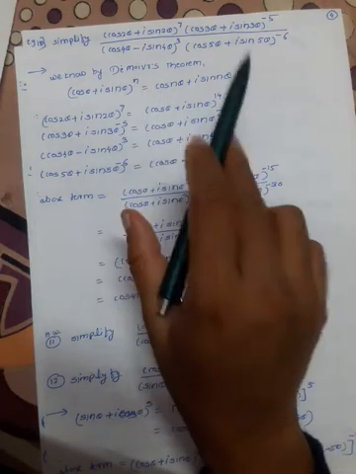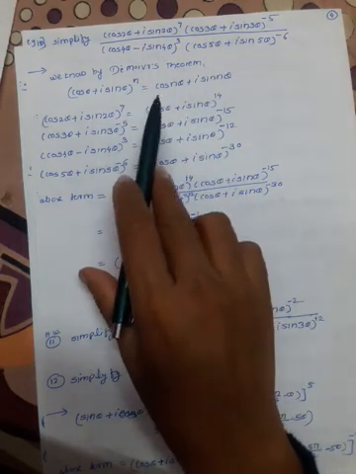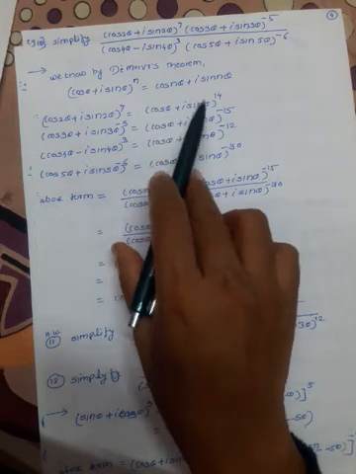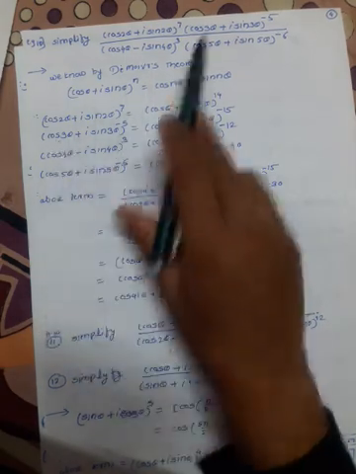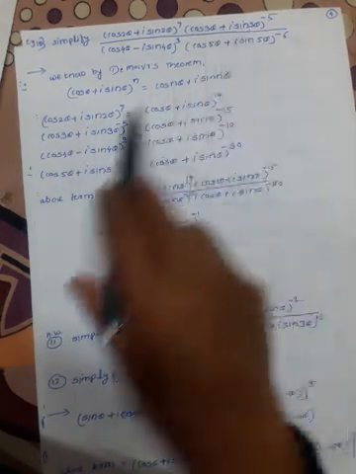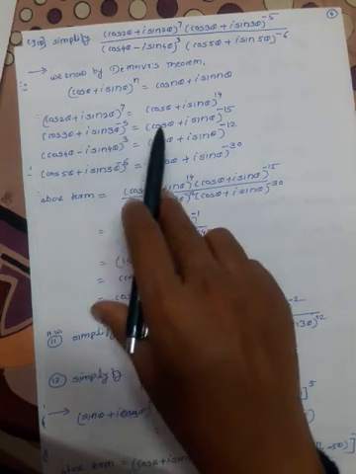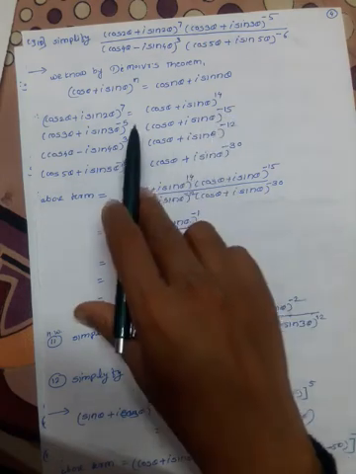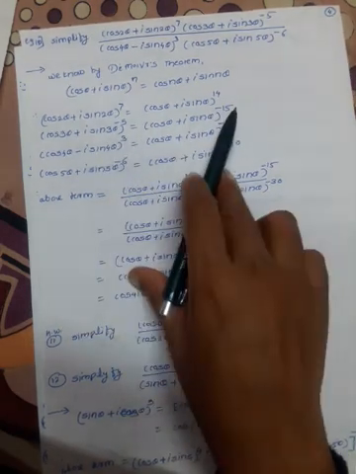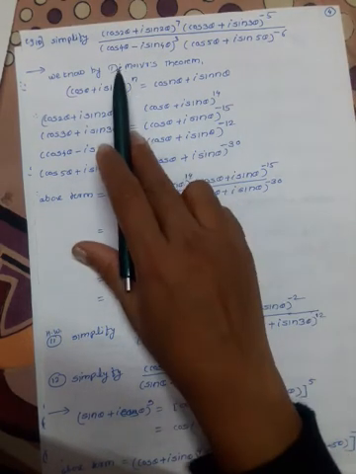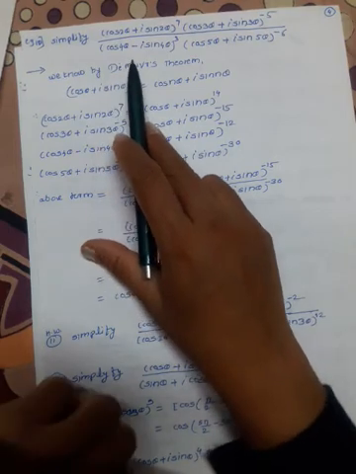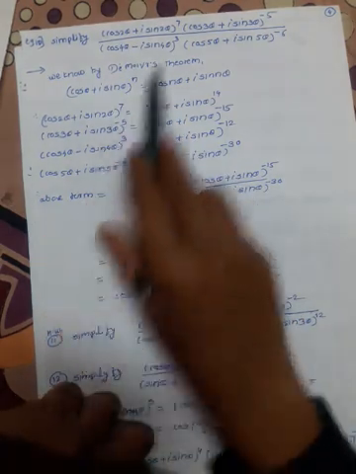Similarly, we have to make all the rest of the brackets cos theta plus i sin theta. Now the second bracket is (cos 3 theta plus i sin 3 theta) raised to minus 5. Again this 3 we take to the index, so we get (cos theta plus i sin theta) raised to minus 5 into 3, that is minus 15. Now (cos 4 theta minus i sin 4 theta) raised to 3.